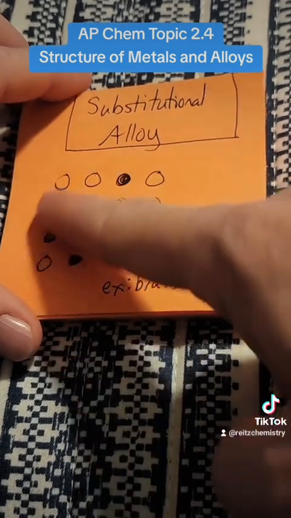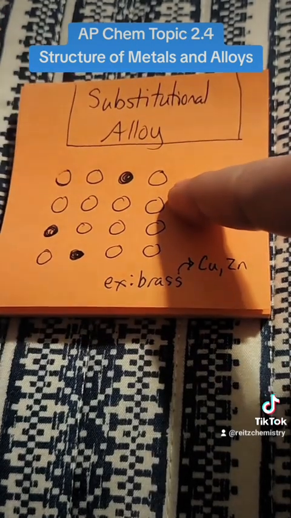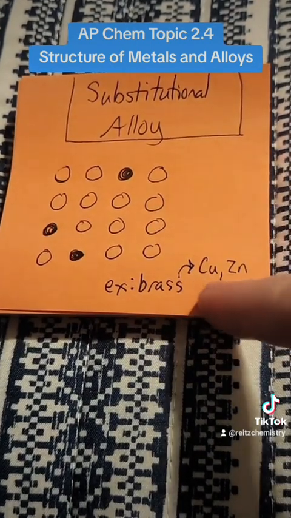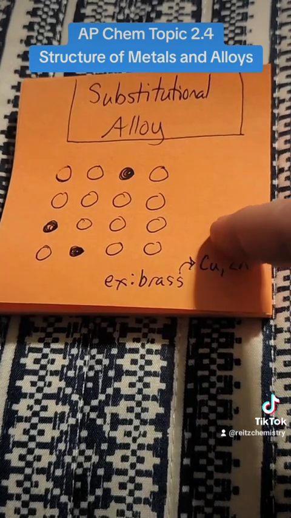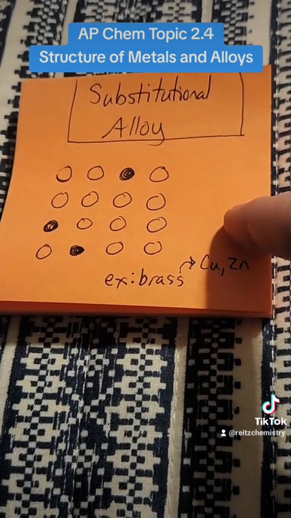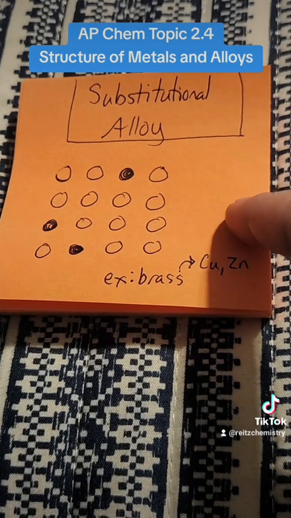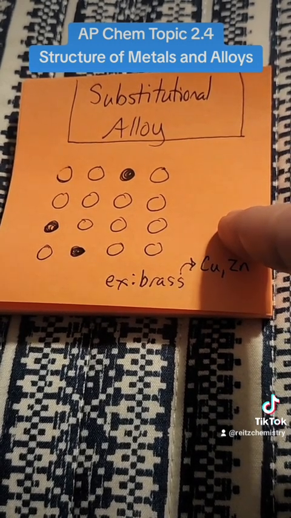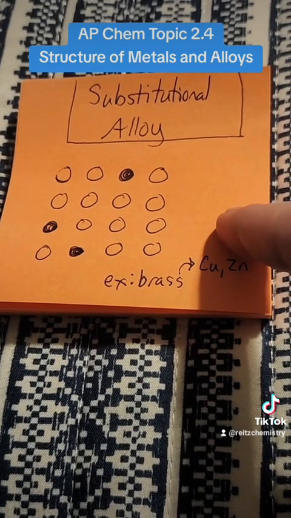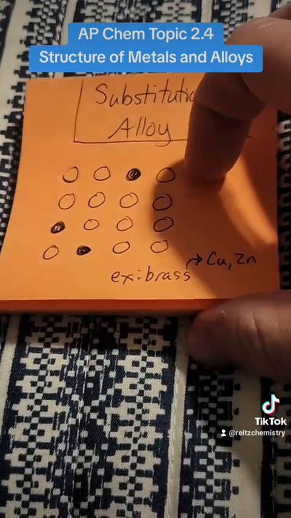So again, this would change the properties of pure copper to something that's more desirable for whatever your application is. So sometimes we do alloys because they might be more resistant to corrosion, or they might be cheaper, or they might give some other heat property that we want. So there's different things that they use alloys for.